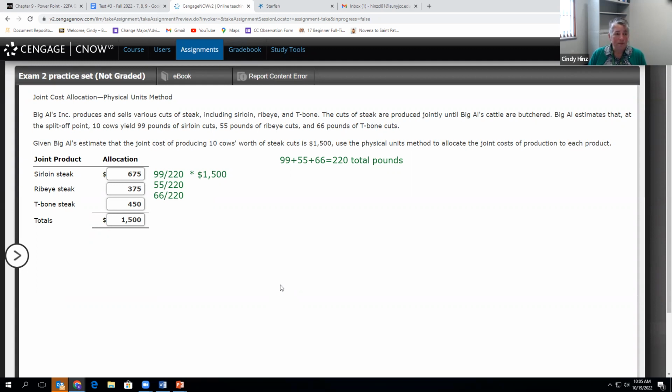So one point about these four different methods, in case you're wondering how does a company know which one to use or which one is the right one to use? There isn't really a right or a wrong answer. If we're the company, we would want to use the one that is the most efficient, that is, the easiest for us to use, but at the same time, it gives us the best understanding of our true costs.